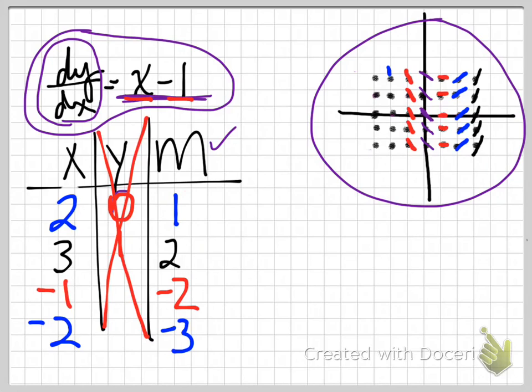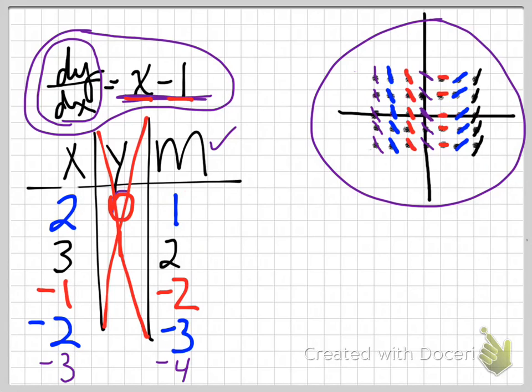So that's even a little bit more sharp. And then when x is -3, my slope would be -4. So that's going to be the sharpest. So remember that you're just kind of putting it in there. It's not so much that it's going to be exact.